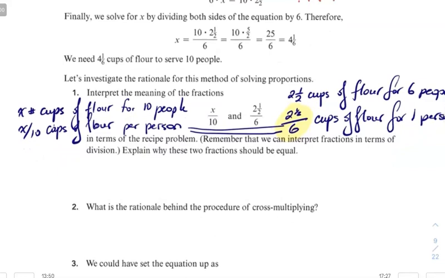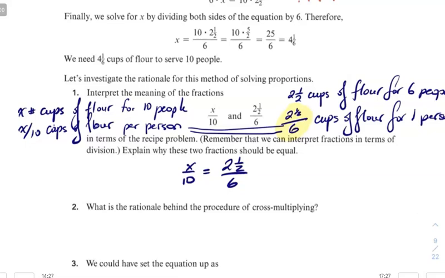Now, so it makes sense that we will say x tenths equals to 2.5 sixths, but why in the world are we going to cross multiply? Well, if we have x tenths cups of flour per person and 2.5 sixths cups of flour per person, how are we going to be able to find the value of x?